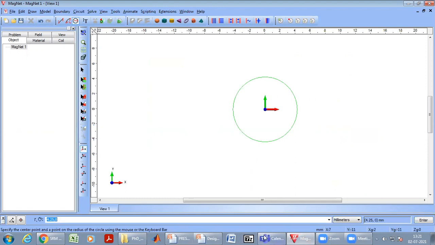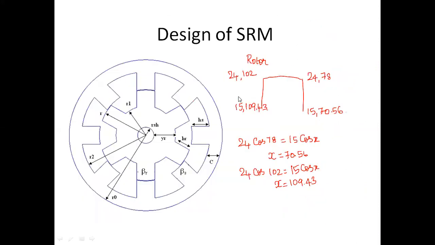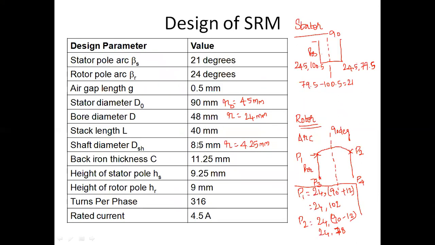Now we'll draw the rotor part. To draw the rotor part, I have given the calculations here. The bore diameter is given as 24 millimeters. We need to draw an arc, and they have given the pole arc as 24 degrees. We'll take this as reference, and this will be 90 degrees because we are plotting in the r comma theta plane.